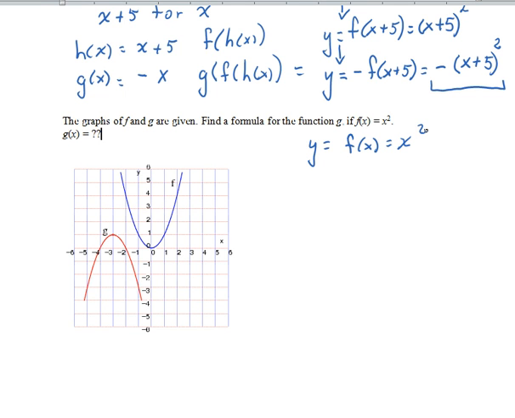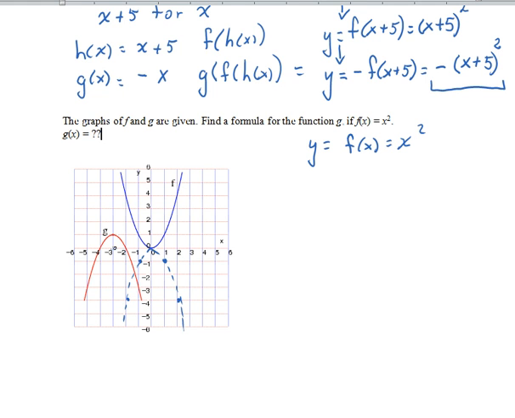If we reflect f of x over the x-axis, we will get an intermediate function that then can be moved 3 to the left and up 1.